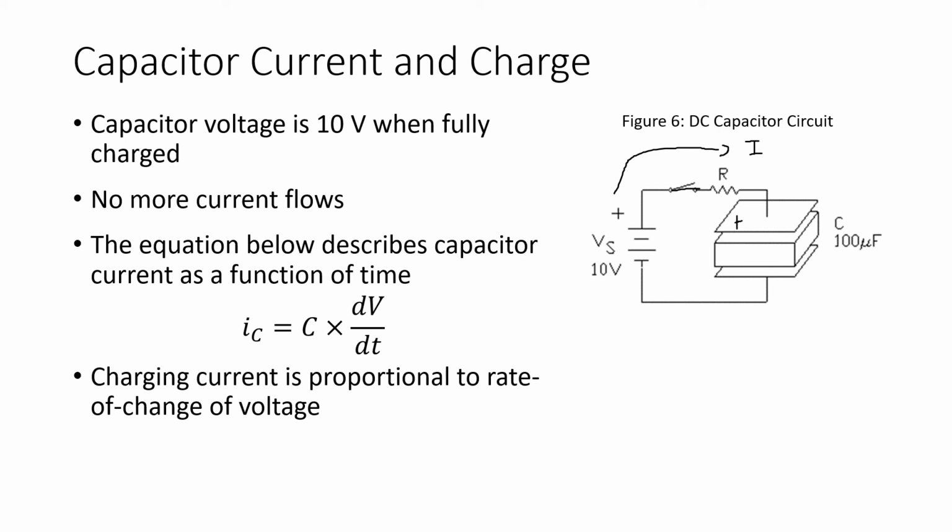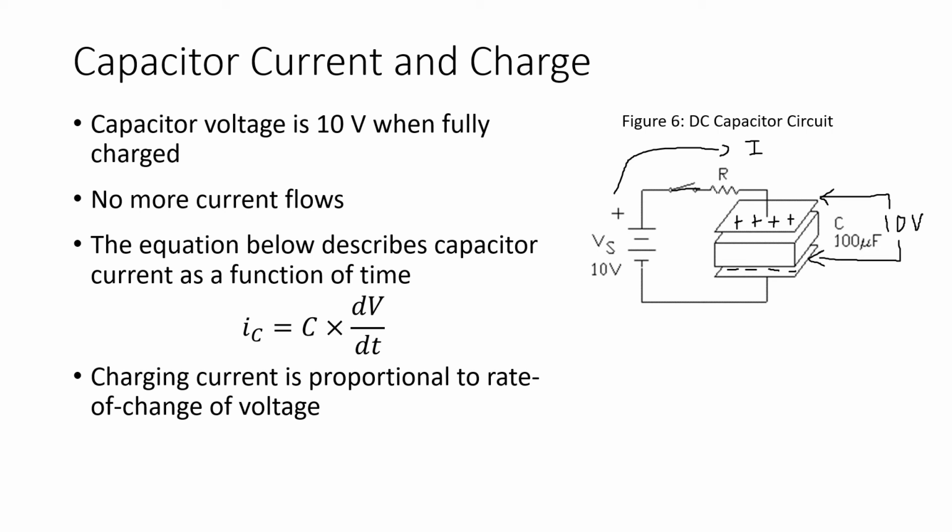We'll have a positive charge on the top plate and a negative charge on the bottom plate. And after this capacitor is fully charged, across the plates of the capacitor, we'll have a voltage difference of 10 volts.